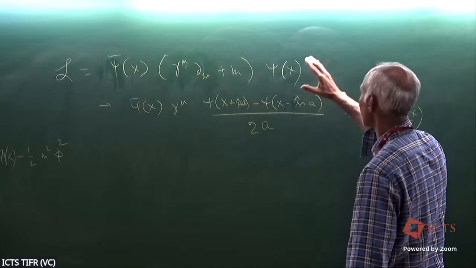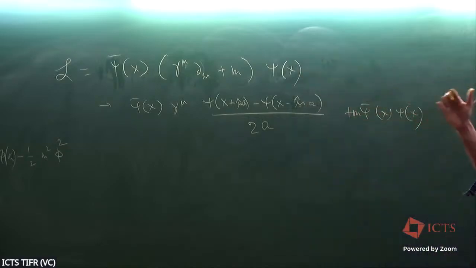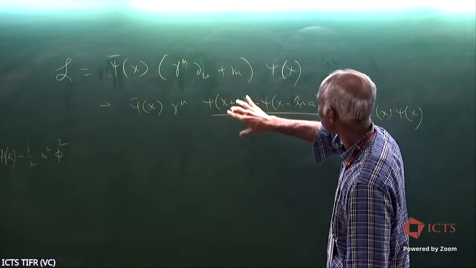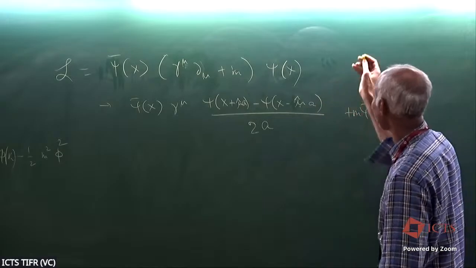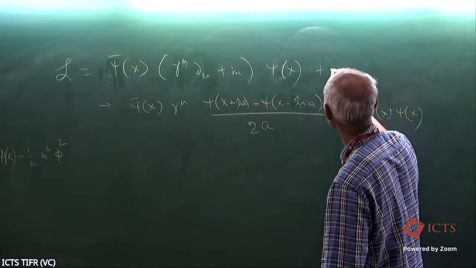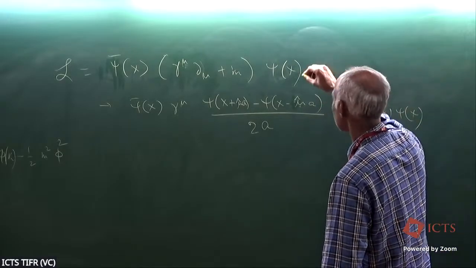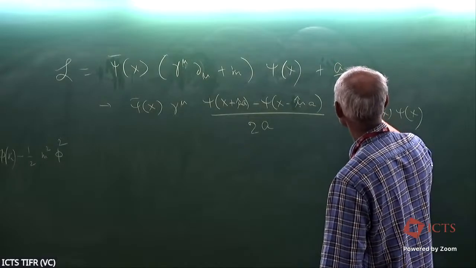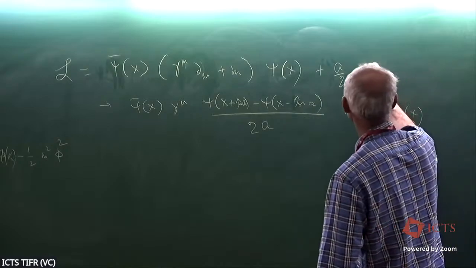See, this Lagrangian is supposed to give me the continuum Lagrangian only in the limit A going to 0. Clearly, this is not this, but in the limit A going to 0, this will go to this. Similarly, I can add other extra terms, and it turns out that for this theory to make sense, I need to add another term which is proportional to A, the lattice spacing.